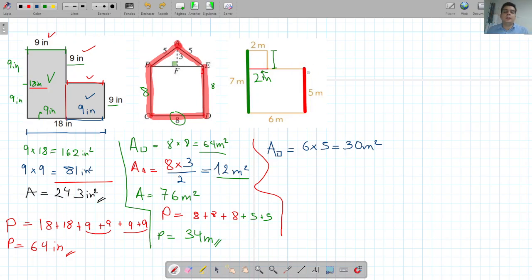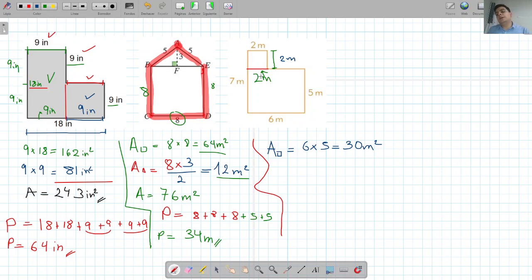I know you're saying it, but you will realize that this big line is 7 meters, and if you subtract the other line, which is 5, how much are you going to have? 2 meters. So let me write it correctly: 7 minus 5 is going to be 2 meters.